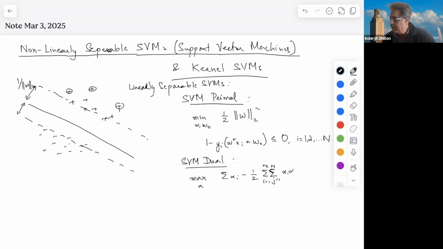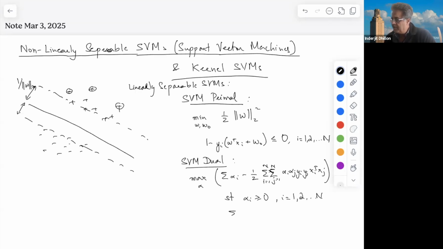Summation of alpha i, alpha j, yi, yj, xi transpose xj. You try to maximize this as a function over alpha. The constraints are that alpha i's are greater than or equal to 0, for i equals 1, 2 through n.